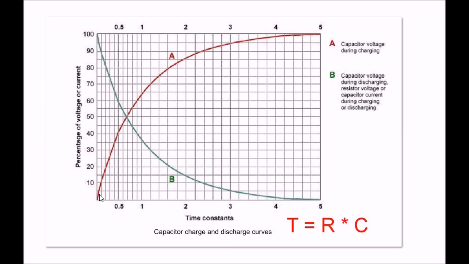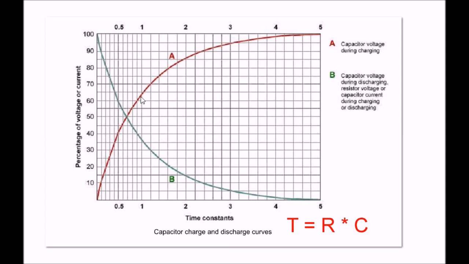Because this is a non-linear curve, what you're doing is charging a capacitor essentially through a resistance and discharging a capacitor through a resistance. What happens is your greatest current flow, in fact about 62% of it, is going to be occurring during the first time period.